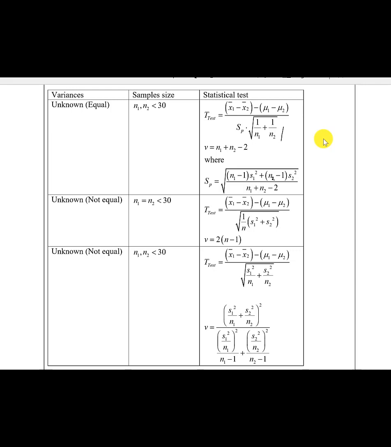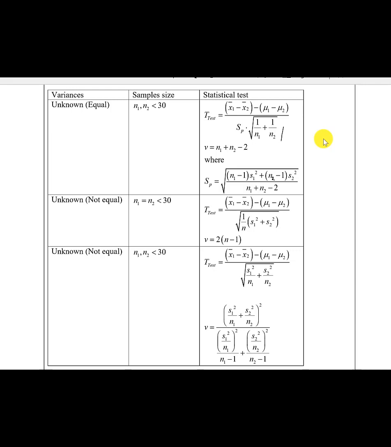But if the question asks you to test the difference, that is, the claim is that mu1 is not equal to mu2, that means this is the two-tailed test. The meaning of the two-tailed test is that you have the right tail test and also the left tail test.